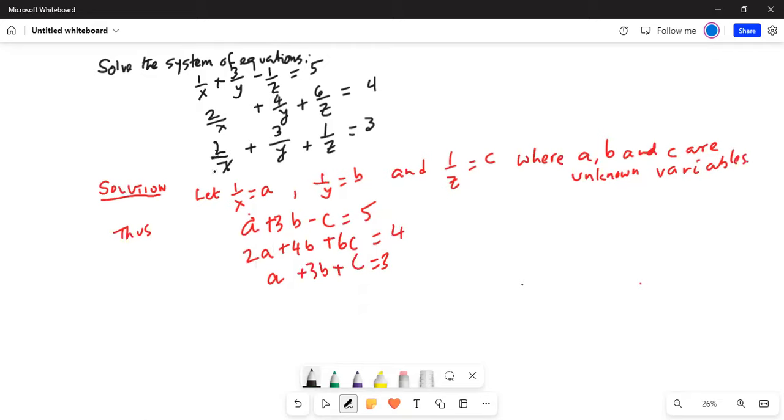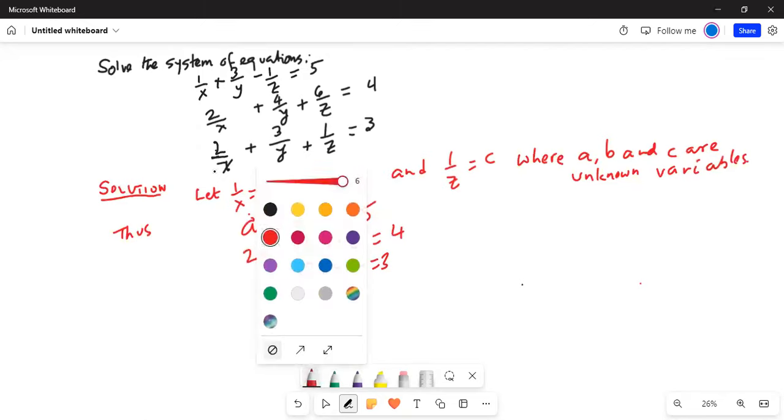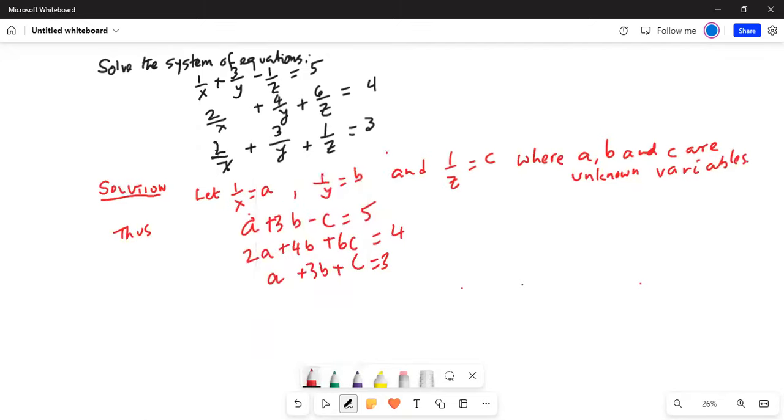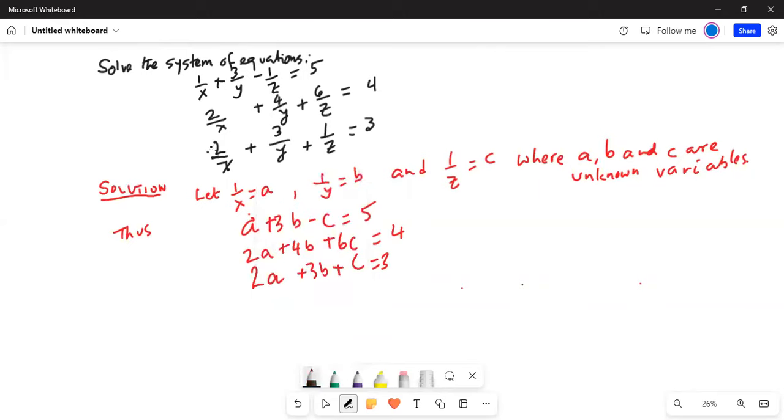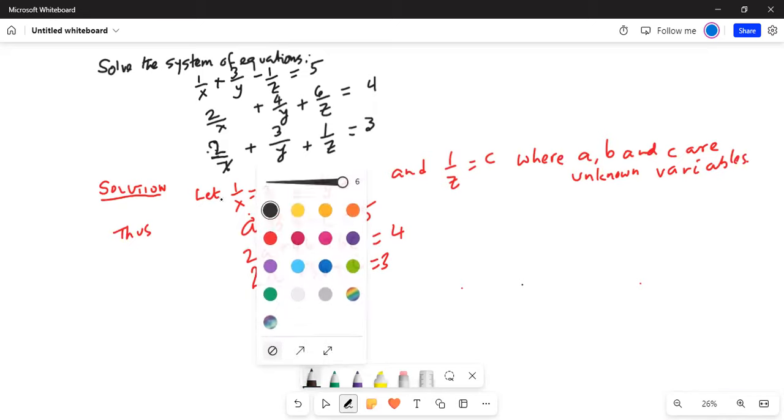And then I'll go to the red pen. So this is 2a, the last one, not 7a, because the equation is 2 over x. Maybe I'll write it a little more clearly, so everybody understands. It's 2 over x. Okay.